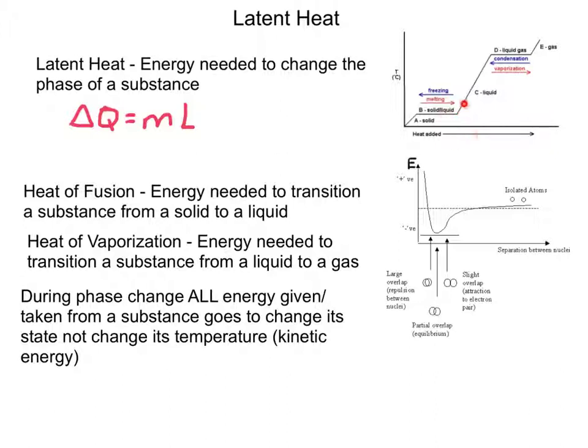Then the heat that you add will increase the temperature of the liquid until we get to 100 degrees Celsius, if we're dealing with water, the boiling point, so to speak, of water, right, the vaporization point, to be a little bit more technical. And so then all the heat you add goes into vaporizing the water. If you have a boiling pot of water, that boiling pot stays at 100 degrees Celsius no matter what. It's still at 100 degrees Celsius until all the water is boiled off into steam.